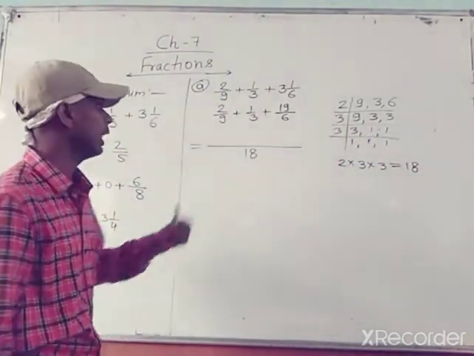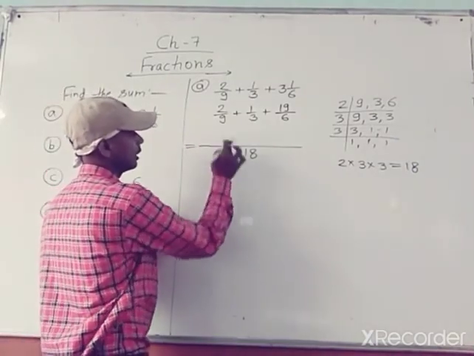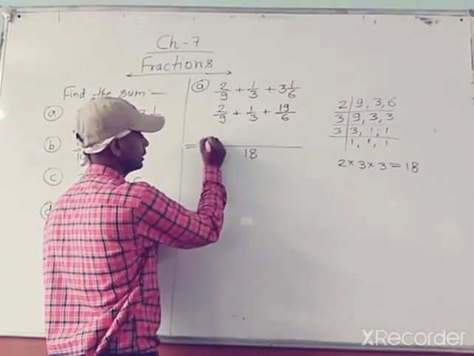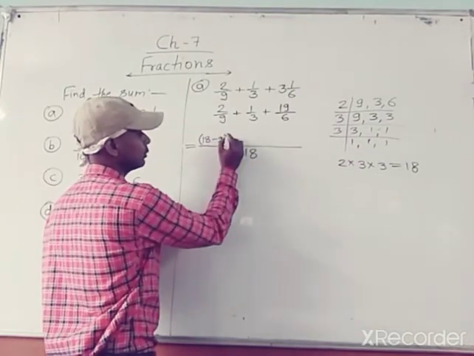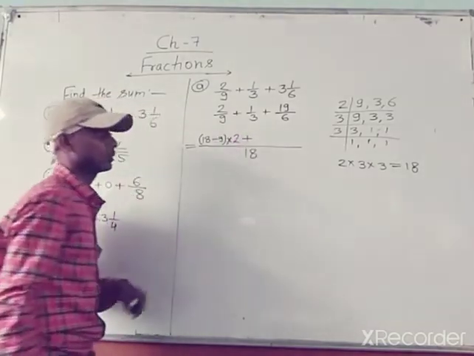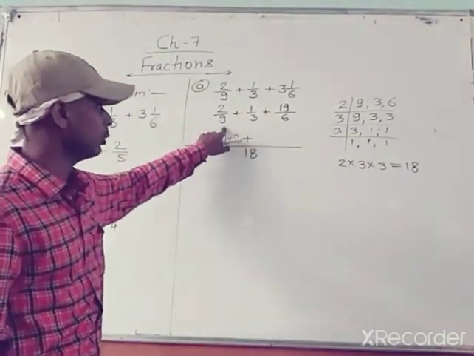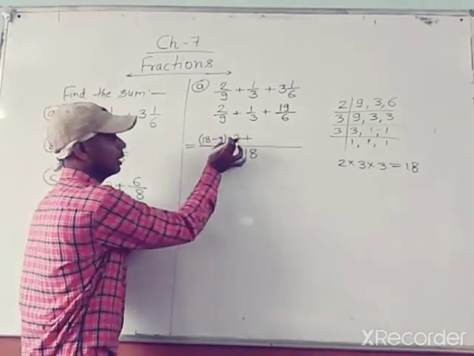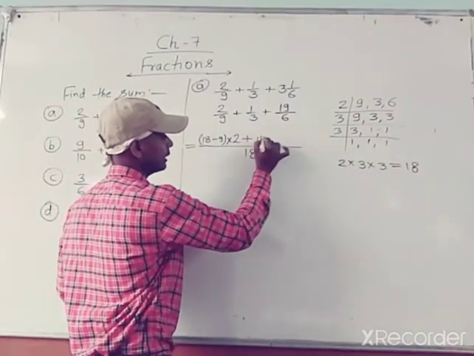Okay, now divide this 18, the LCM, by the denominator, and whatever you get, multiply to the numerators. Clear? See again, divide the LCM by the denominator like this, and whatever you get, multiply to the numerator, plus again divide the LCM.